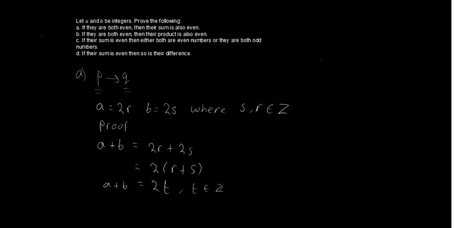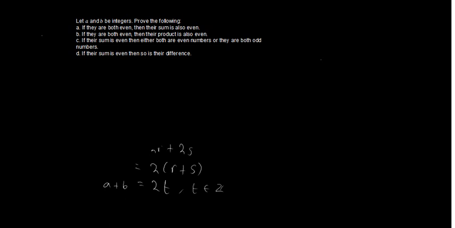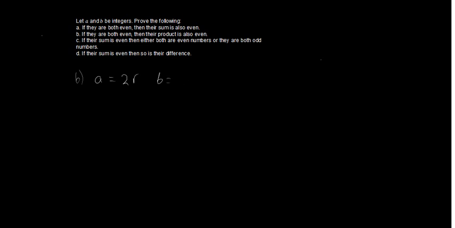So I'm just going to rub this off. For our second proof, part B: if they are both even, then their product is also even. So again, we're going to say, if A can be expressed in the form 2r and B in the form 2s, then AB is also even, right?